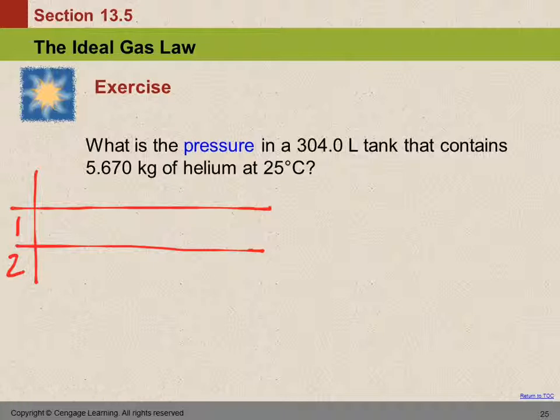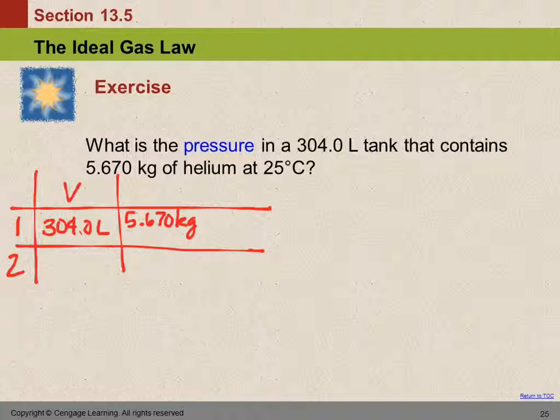First number, 304.0 liters. Liters measures what? Volume. And so we're going to label that column V, V for volume, because liter measures volume. And then it says 5.670 kilograms of helium.